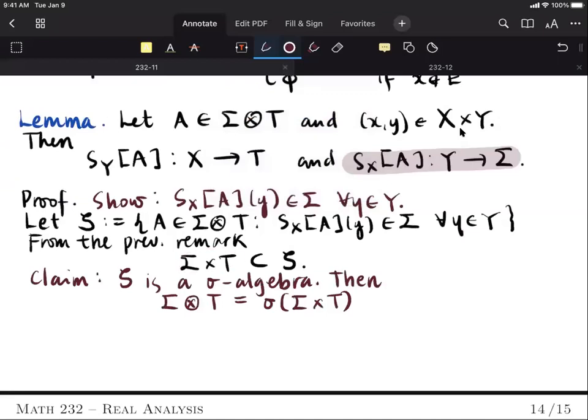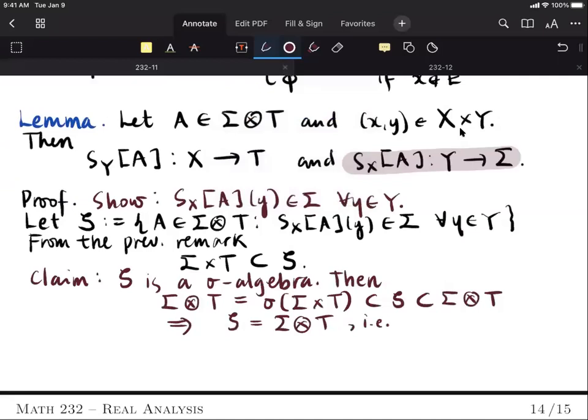So therefore, this is a subset of S. However, by definition, all elements of S belong to sigma cross T. So this implies that S is sigma cross T.